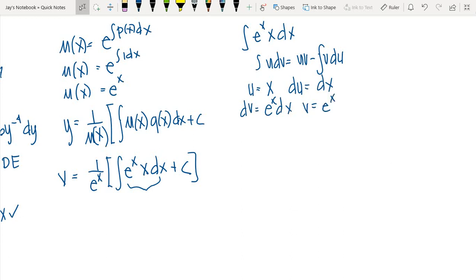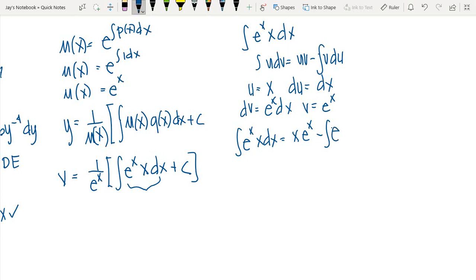Then substitute all the values of u, v, du, and dv in the by parts formula. So the integral of e^x x dx is equal to u times v, x e^x, minus the integral of v du.